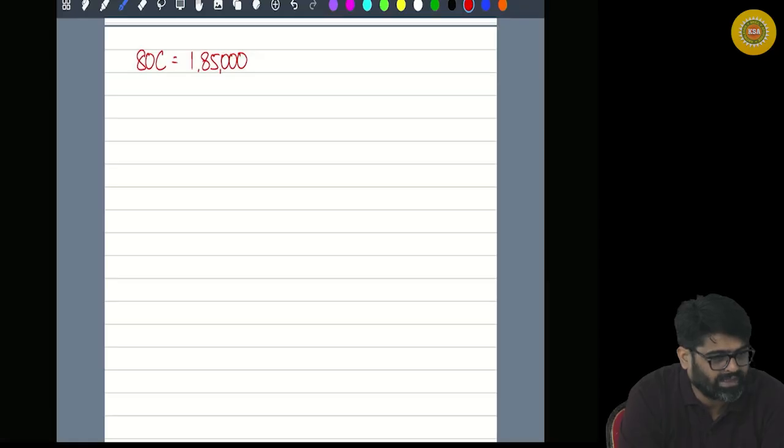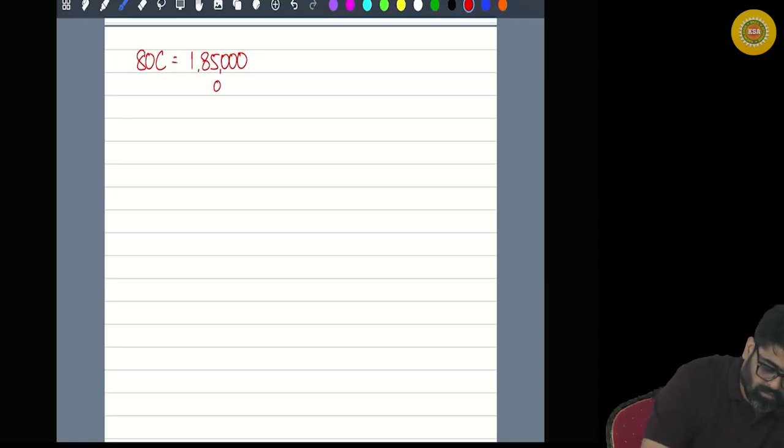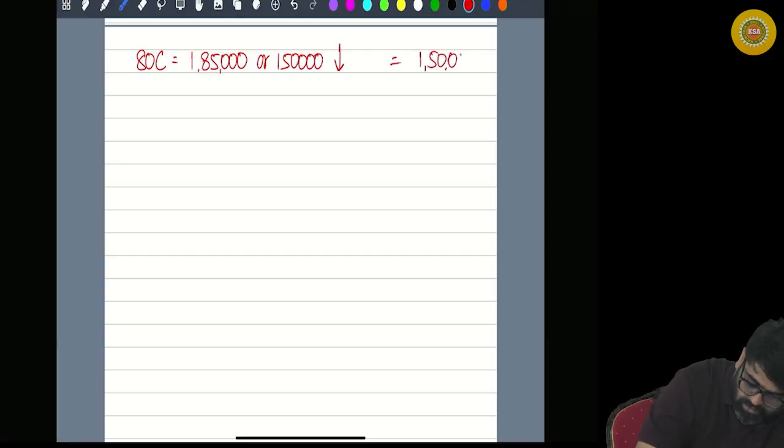And we know that 80C deduction is maximum how much? Maximum 1,50,000. So 1,85,000 or 1,50,000, whichever is lower. So total deduction under 80C you are getting 1,50,000.